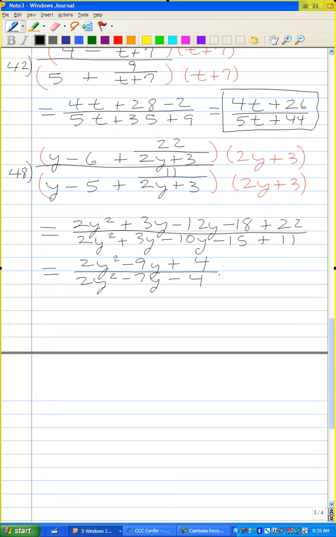And so you can factor this. 2y, y, and a 1 and a 4. So you get 2y squared minus 8y minus y is minus 9y plus 4.